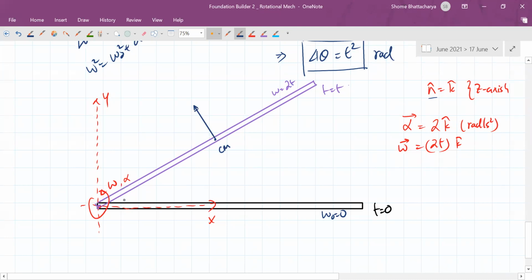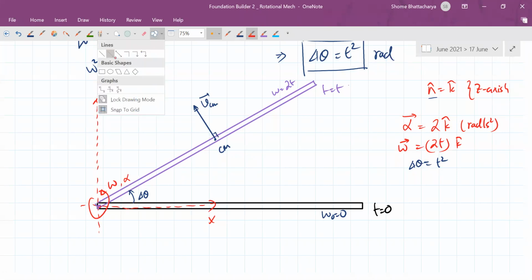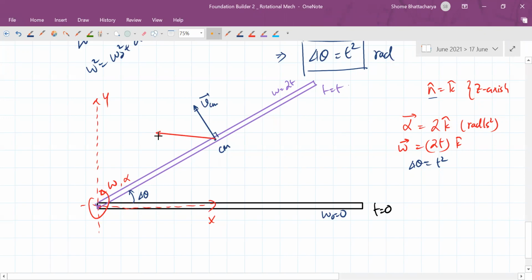So this will be the angular displacement, where we understand angular displacement is t square as a function of time. And this will be the velocity of the center of mass. And similarly, the acceleration of the center of mass, when we calculate it, will have this kind of direction, because it will have both tangential component and centripetal component.